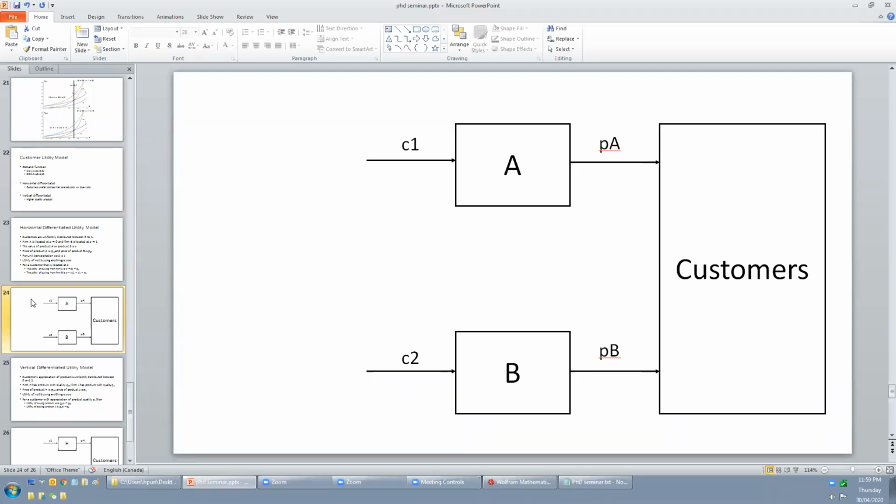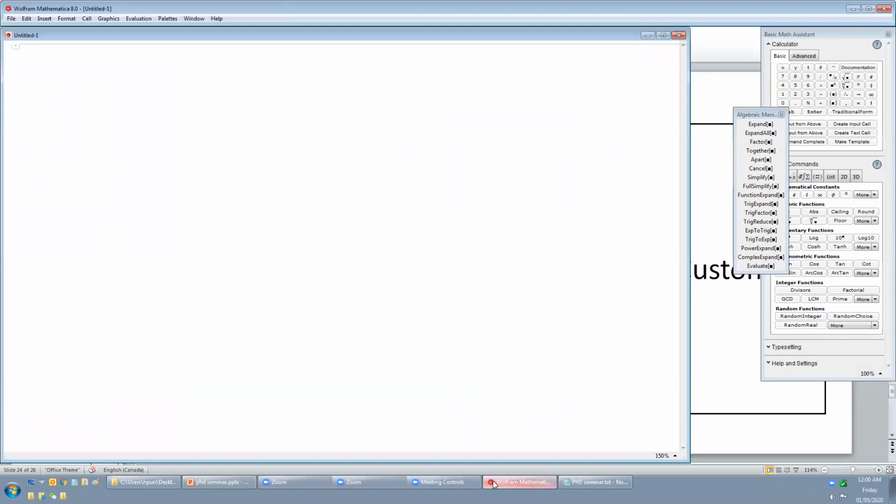Now I change from firm 1, 2 to firm A, B, and the prices are PA and PB. So the question is, how much should firm A charge for the product and how much should firm B charge for the product? So let's go to Mathematica.